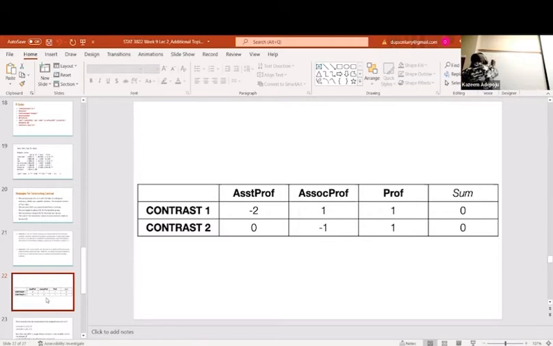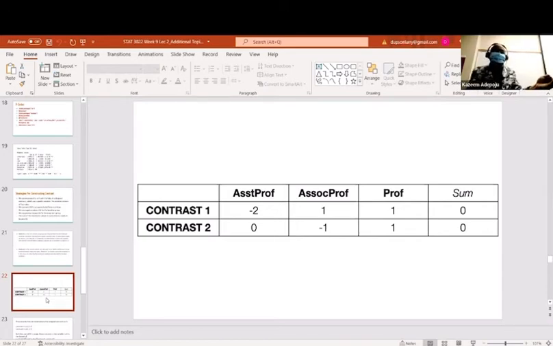If you look at contrast 1, this is assistant professor, associate professor, and professor. I can write -1, 1/2, 1/2. There's no problem, provided they add up to 0. You can change that to -2, 1, 1. It's still the same.